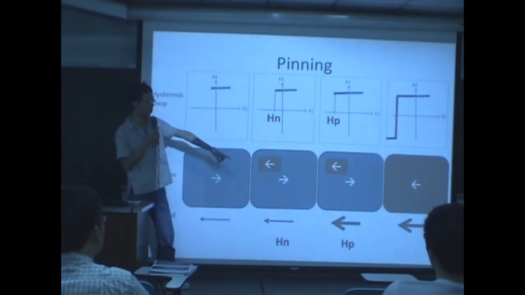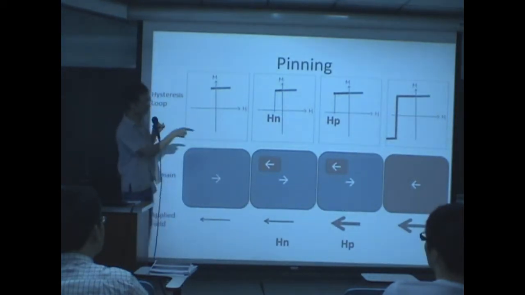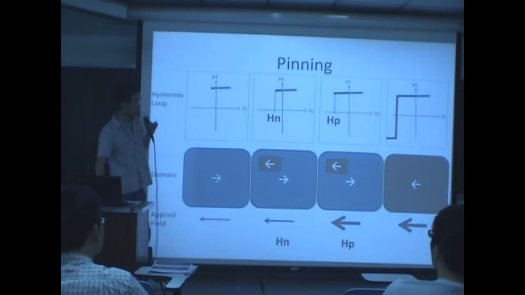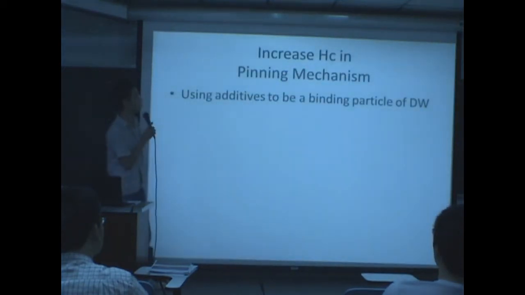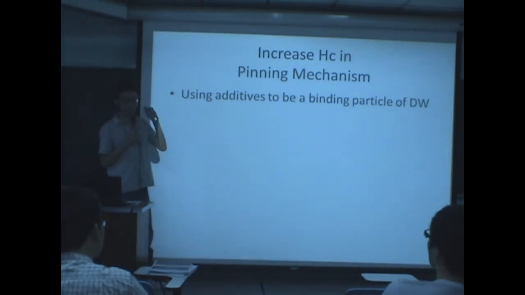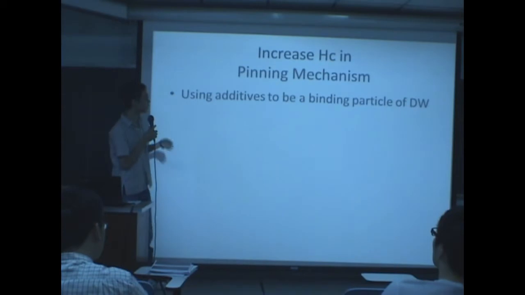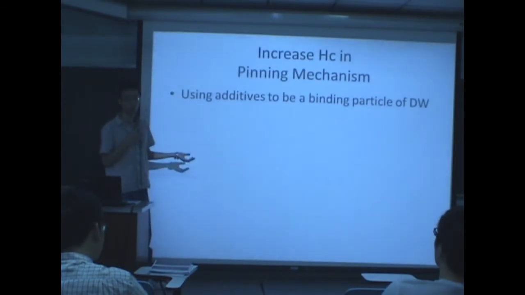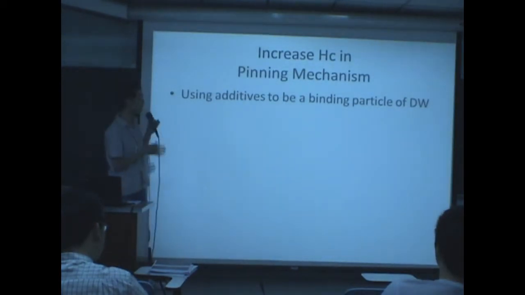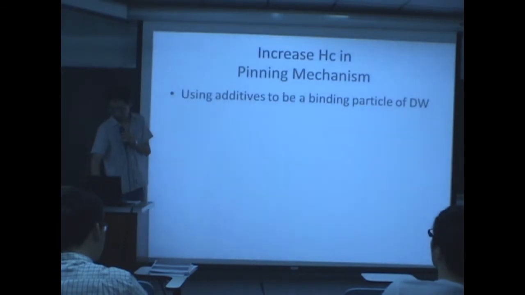And once it reaches the propagation field, the opposite domain propagates to the entire material. So in the pinning mechanism, we want to focus on the propagation field. Researchers found that you can use additives to prevent the domain wall from moving. So we can use additives to get higher coercivity.